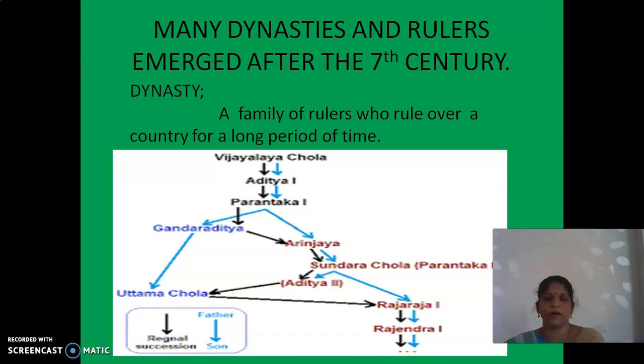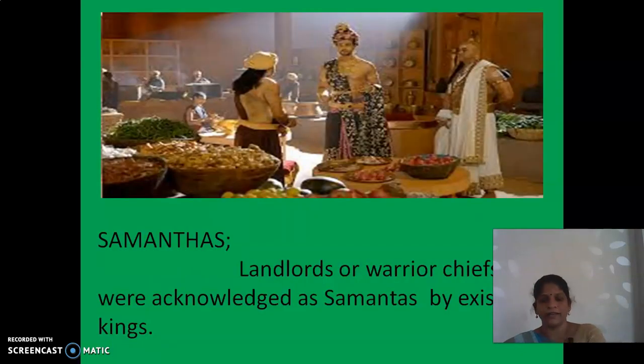The first topic in the chapter is the emergence of new dynasties. In this one, we want to know about the Samantas, important persons in those times. Who were called Samantas? Landlords or warrior chiefs were acknowledged as Samantas by existing kings.